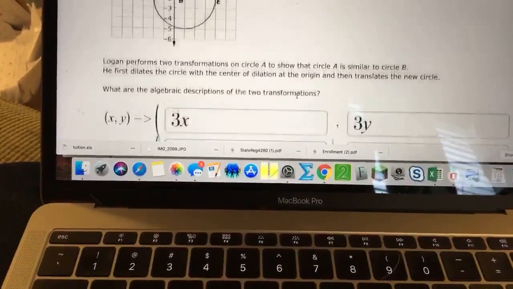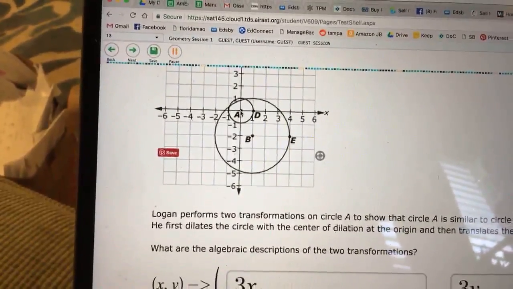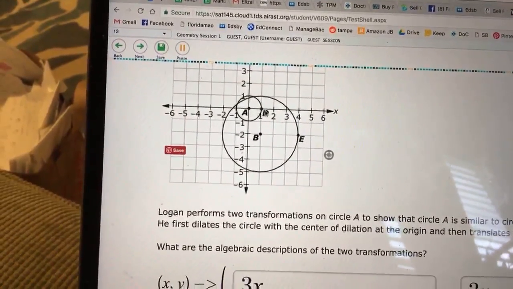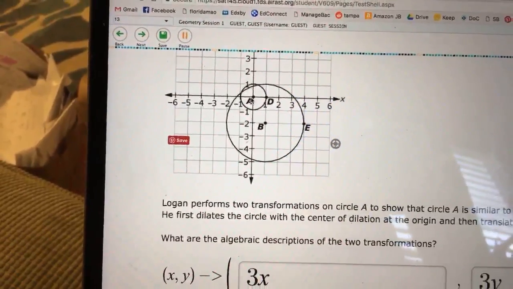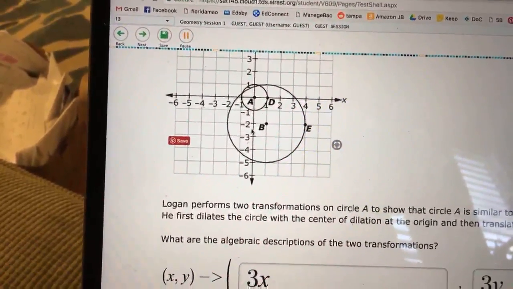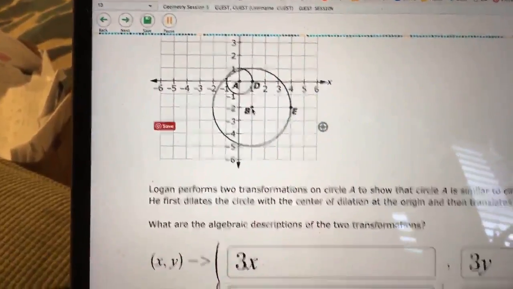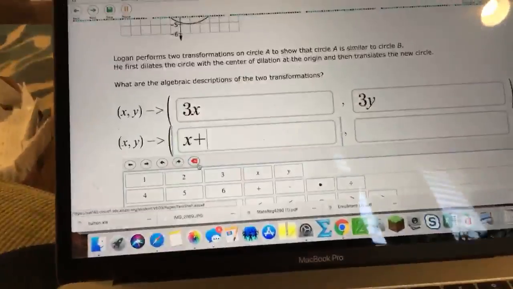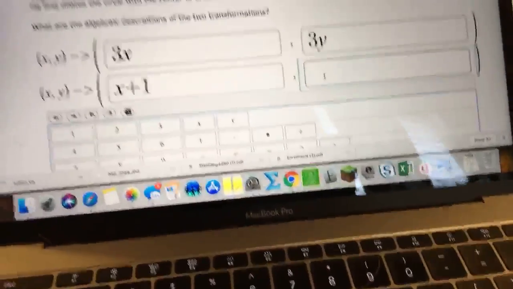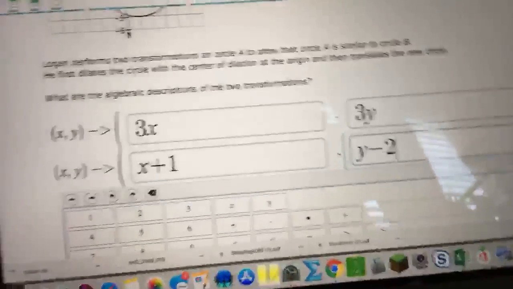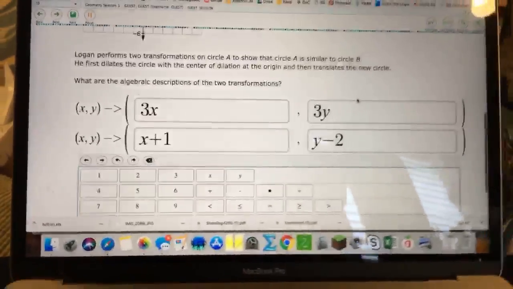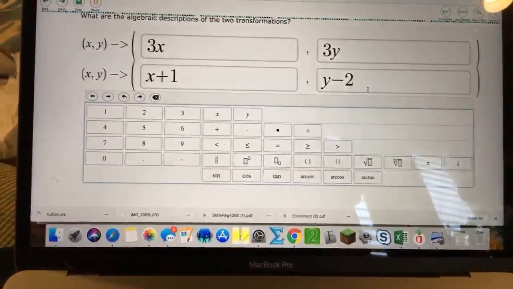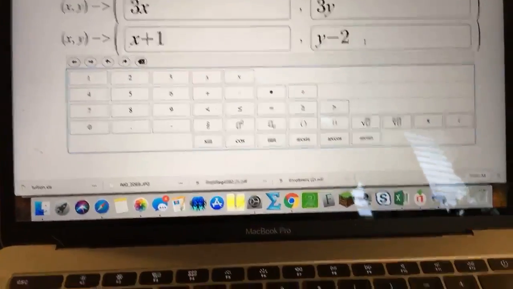Then we're shifting it. And let's shift the center, rather than shifting any other point. So the center was 0, 0. The new center is 1, -2. So we're going to do x plus 1 and y minus 2. All right? And that's all there is to it. And that should be the correct answer.